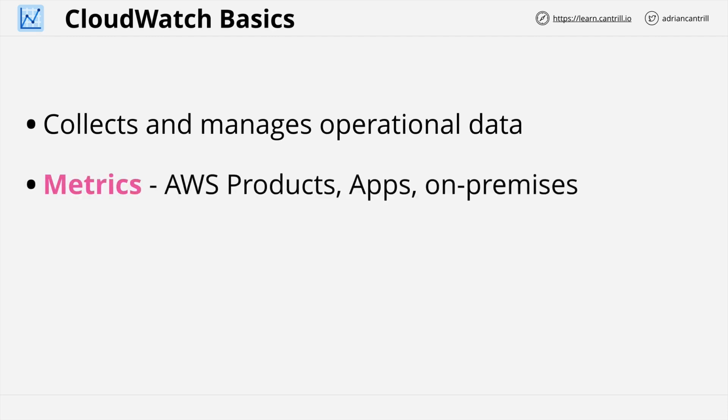First is CloudWatch itself. Now, this is a product which allows the collection of metrics, monitoring of metrics, and actions based on metrics. Metrics are simply data relating to AWS products, applications, or on-premises systems.